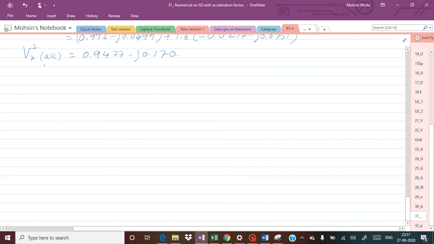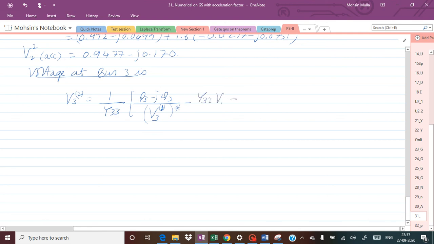Fine. In the same way, voltage at bus 3, V3 of 2 equals 1 divided by y33, P3 minus jQ3 divided by V3 star, where it is 2 minus 1, which is 1, minus y31 V1 minus y32 V2.